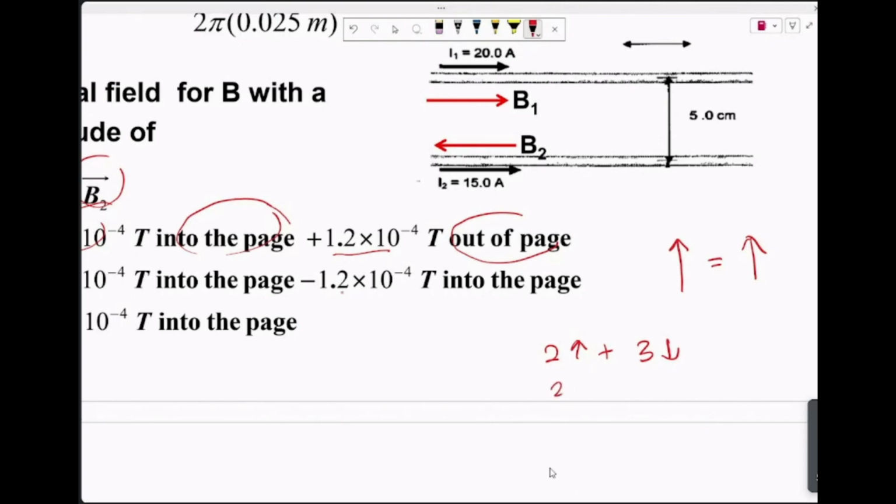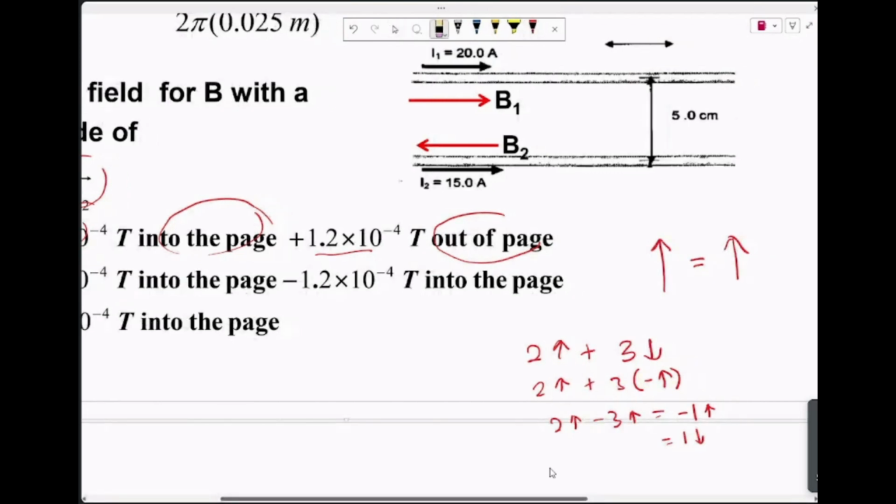So downward is equivalent to negative upward. Then it becomes 2 upward minus 3 upward. When you add it together, you get a negative 1 upward, which is technically 1 downward. Okay, something like that.